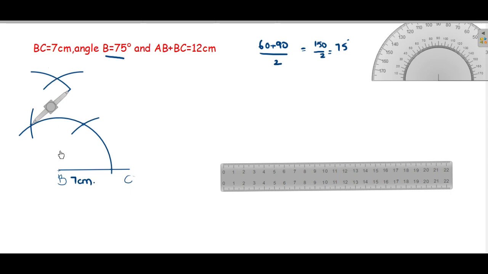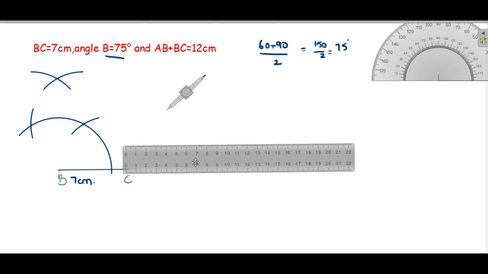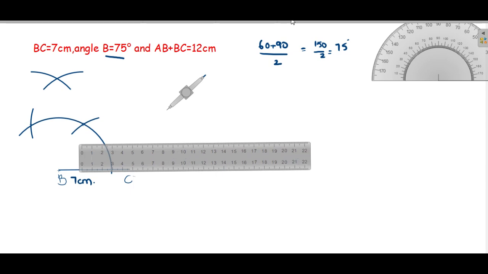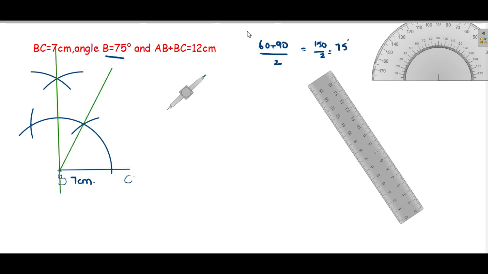If we join this with B, we will get 90 degrees. Let us do that. If we bisect this 90 degree angle and the 60 degree angle, we will get a 75 degree angle. Let us take the compass.